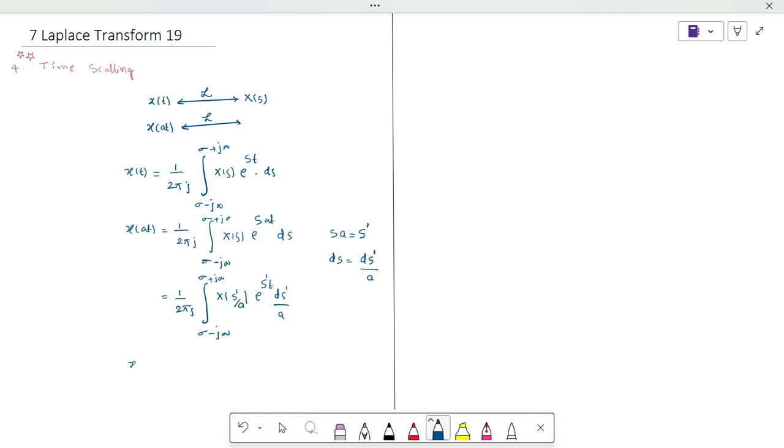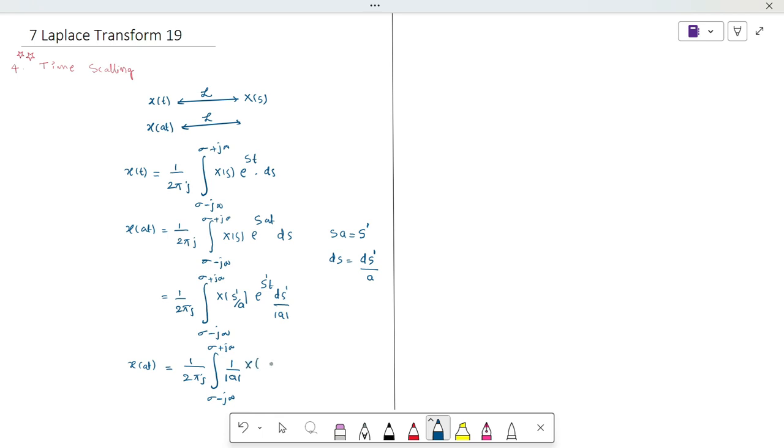So for that we are getting x of at equal to 1 by 2 pi j, the integral from sigma minus j infinity to sigma plus j infinity, with 1 by a, and we can take the mod of a.